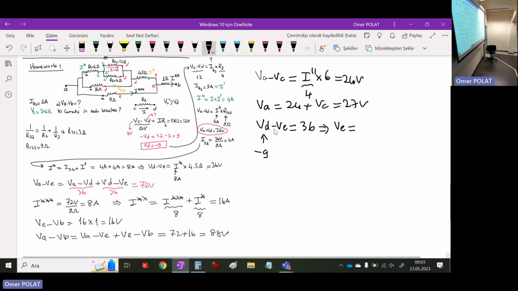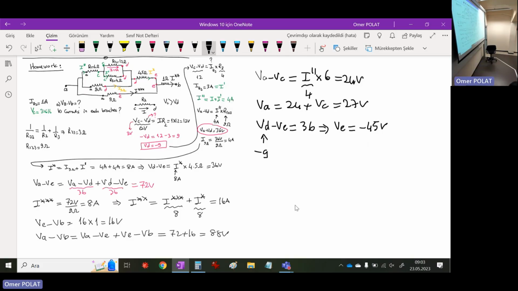If I transfer VE to the right side and 36 to the left side, minus 45. This is VE. Okay, we haven't finished. VE is minus 45.